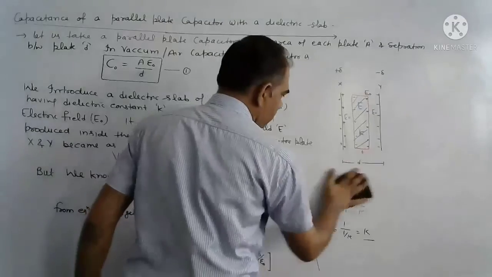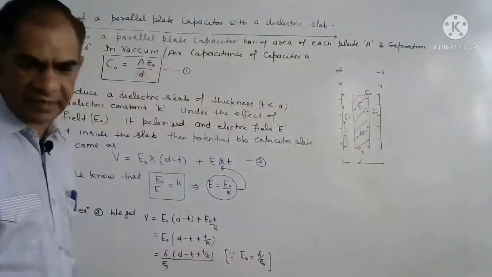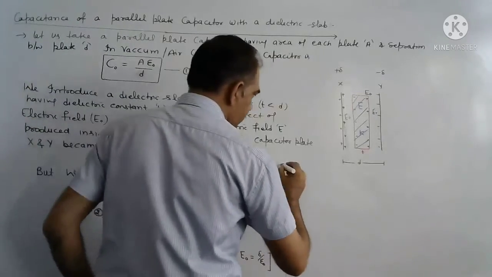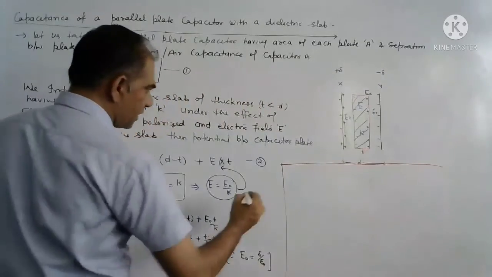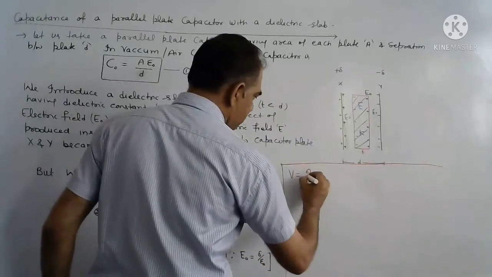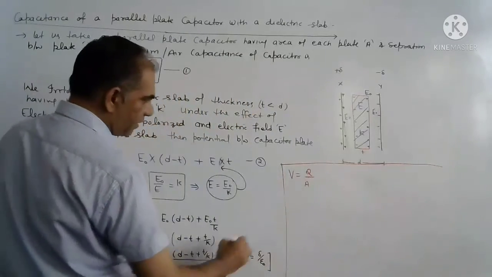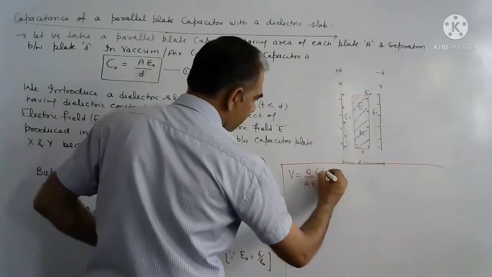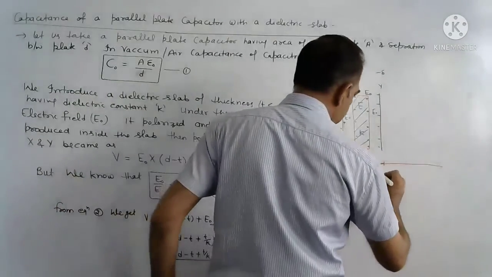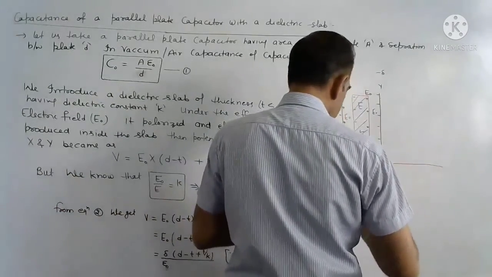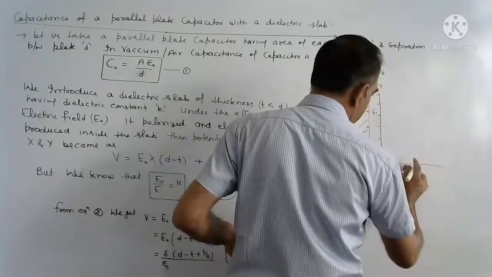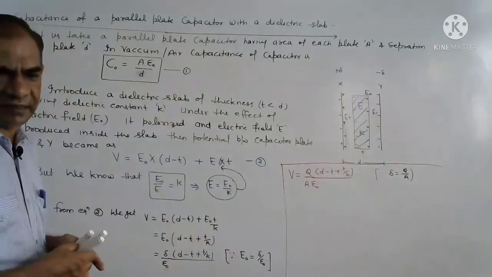This potential V is equal to sigma, the charge per unit area, upon epsilon naught, times D minus T plus T upon K. Here I will put the value sigma equal to charge upon area of the plate. This is the definition of surface charge density.